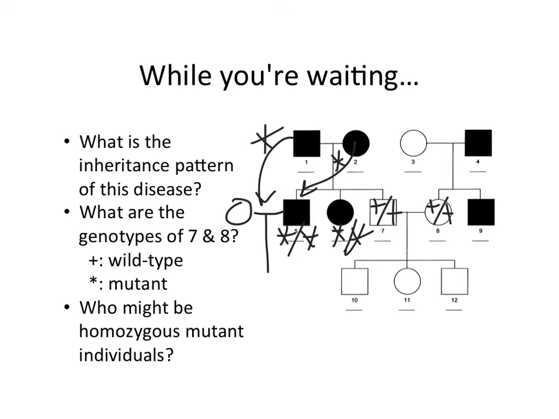Okay. This is dominant, right? So what's going to be the outcome of this cross if the genotype of individual 5, the father in this case, is homozygous for the mutation? What do all his kids look like?